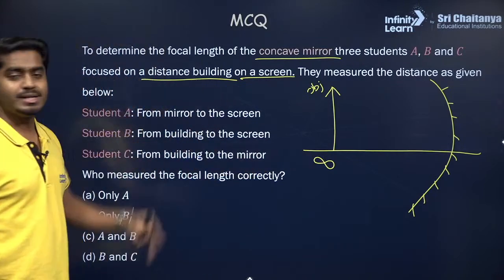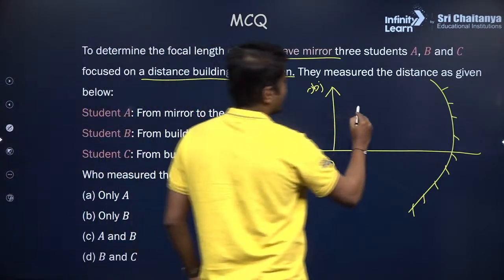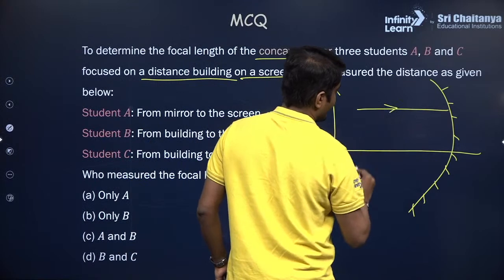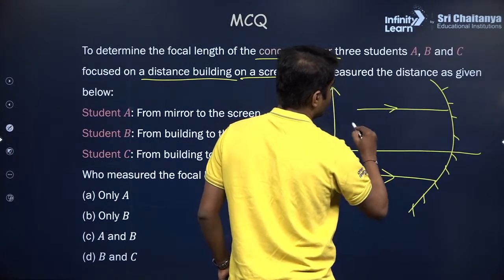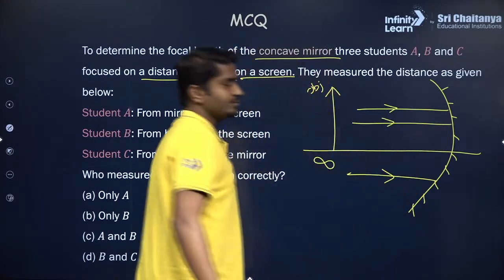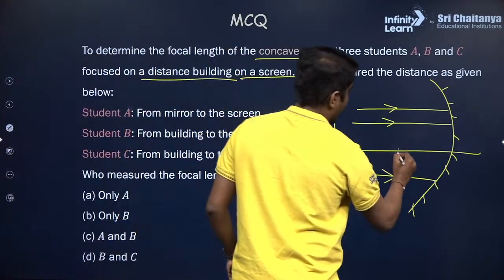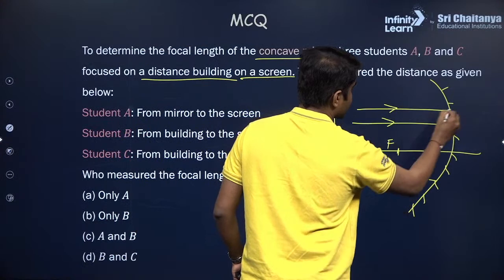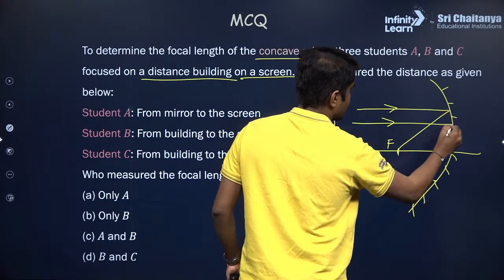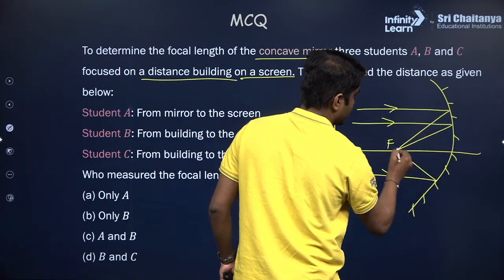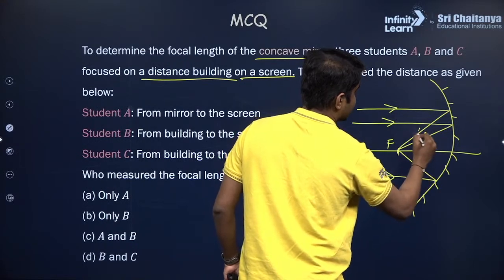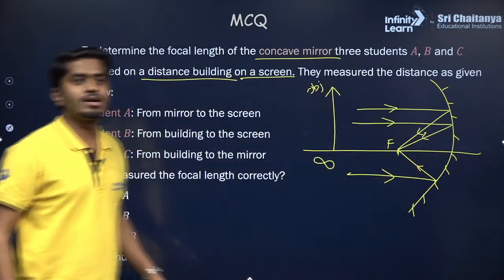So what will happen? The incident rays would be parallel to the principal axis, right? And they will converge at the principal focus. So these are the reflected rays. They converge at the focus.